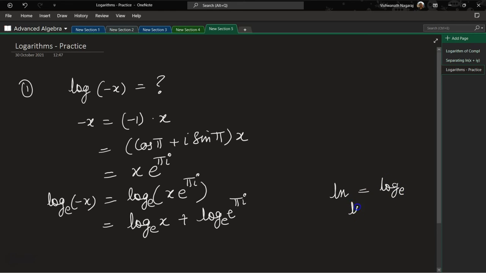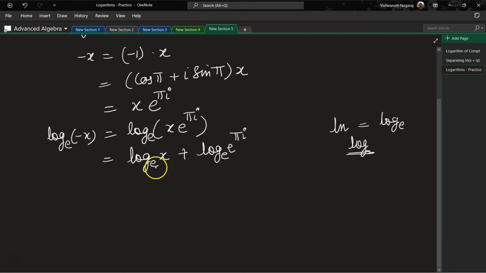For convenience, it may also be written as log. The context will specify whether we are talking of natural log or log to the base 10. Even if I miss out writing e in log e x, understand that it is to the base e.